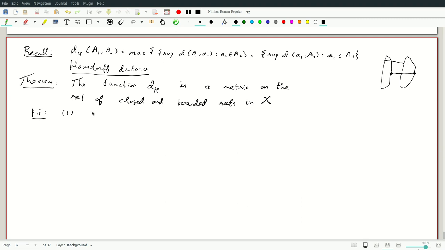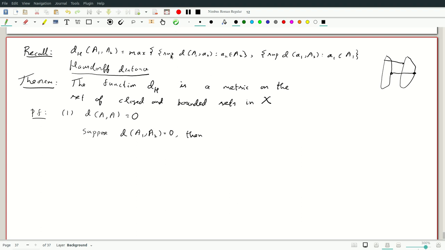So first of all, of course, if A1 equals A2, then the distance between A and A is 0. This is because each of these distances between A and a point in it is 0. We saw that already. But the main point to show is, suppose the distance between A1 and A2 is 0 and these are closed and bounded.